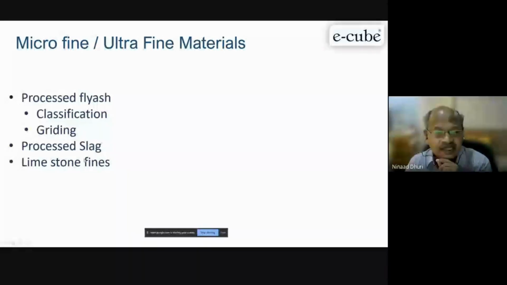Similarly, GGBS slag can also be ground further to the desired fineness and particle size distribution, and used in concrete to reach very durable, high performance concrete, along with limestone fines.